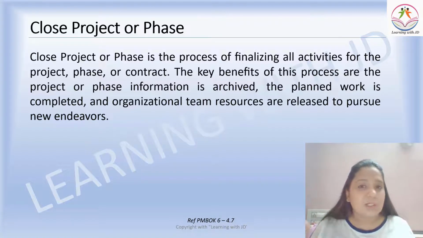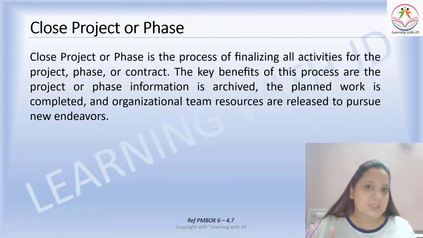As a result of the controlling, some change requests came, and you executed those change requests. Again, deliverables were an output of that, and then your project has been completed, and it is the finalization of all the activities.